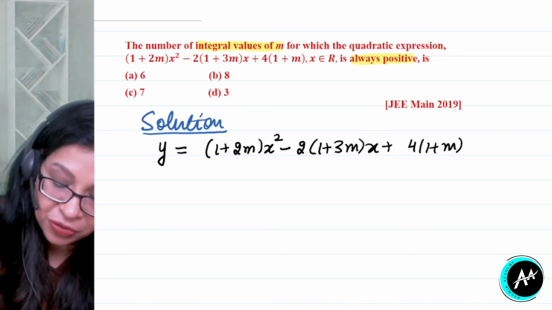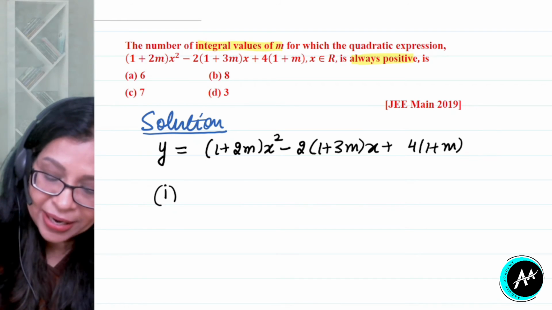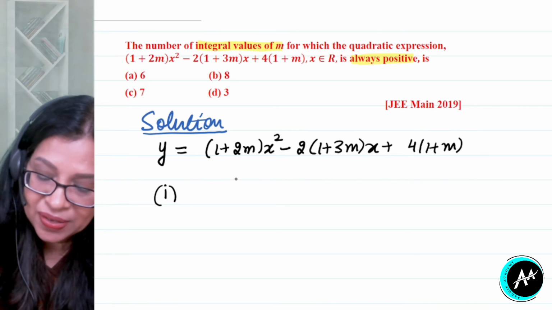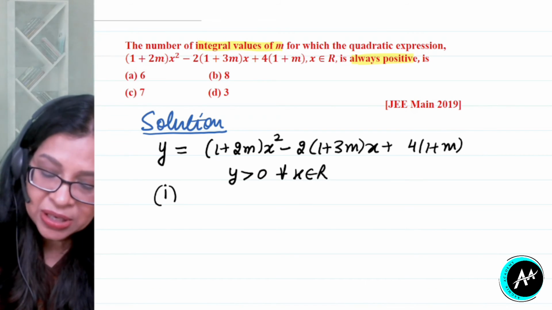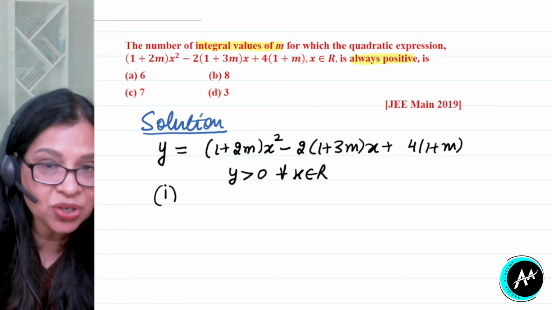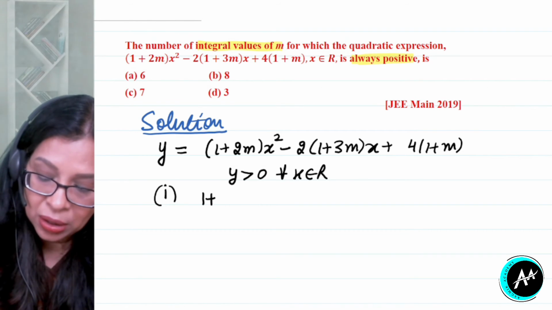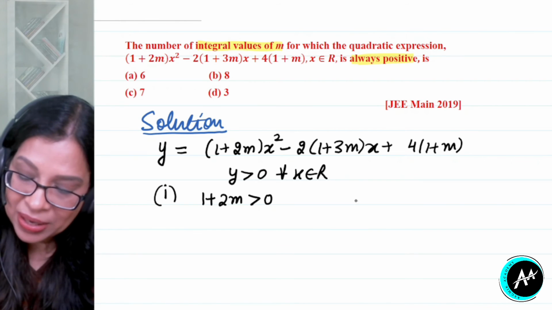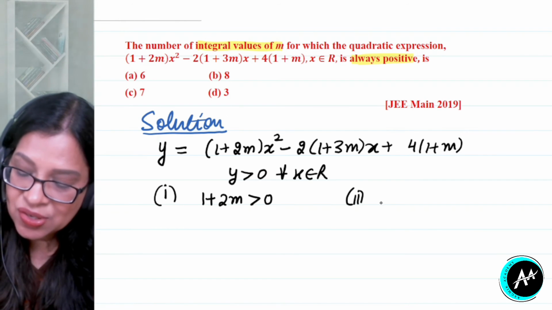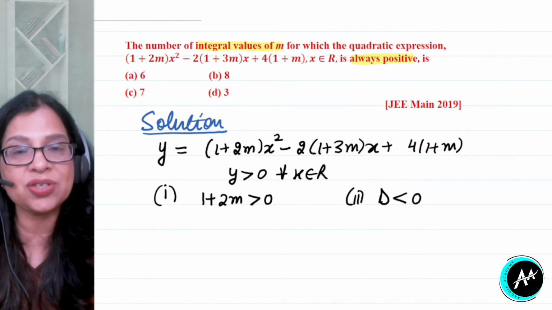Remember the first condition. First condition is that y will be greater than 0 for all x belonging to R. First condition was that A should be positive, that means coefficient of x square. So first condition is that this should be positive. And what will be the second condition? That its discriminant should be negative.